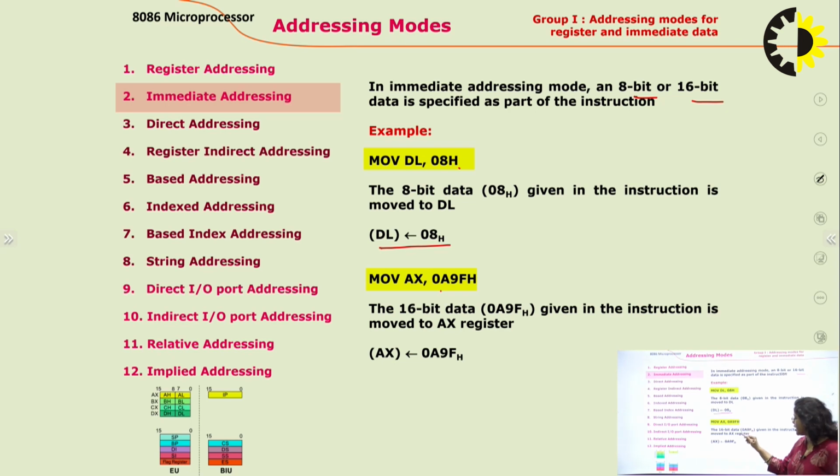So, 0A9F is the 16-bit data and this instruction just copies this value to the AX register. So, the immediate operand will always be the source operand and it will never be the destination operand. For example, we cannot write MOV 08, DL. This will be wrong. 08 will always be the source, can never be the destination.